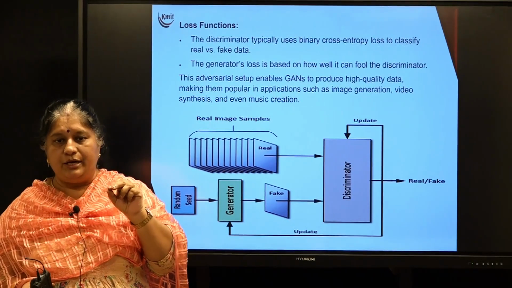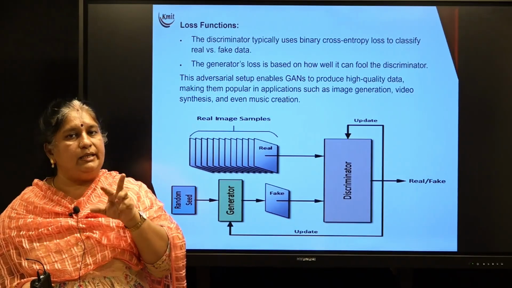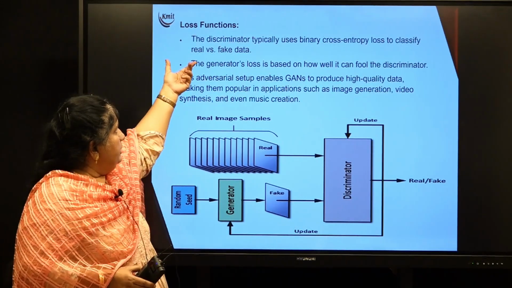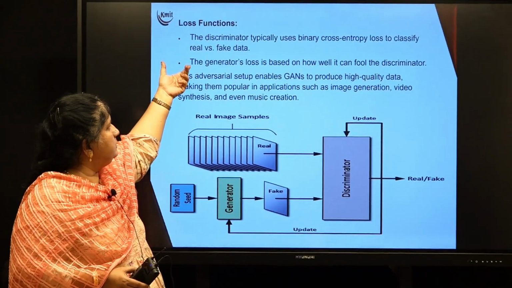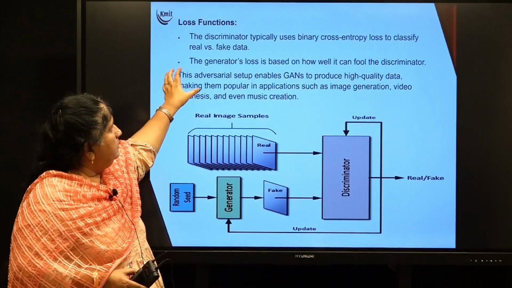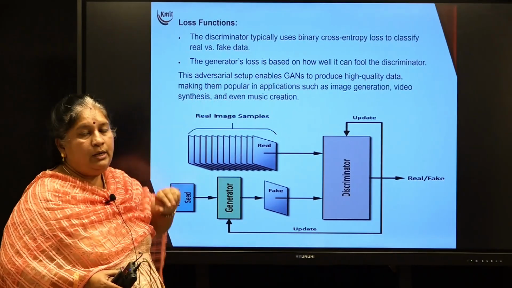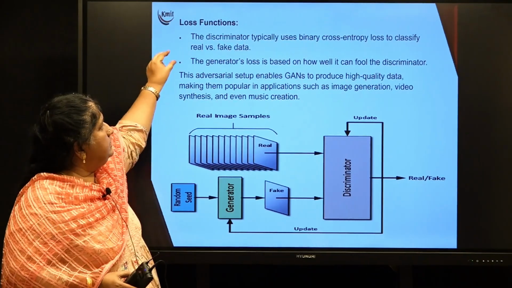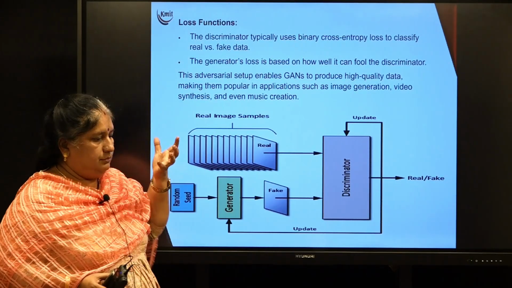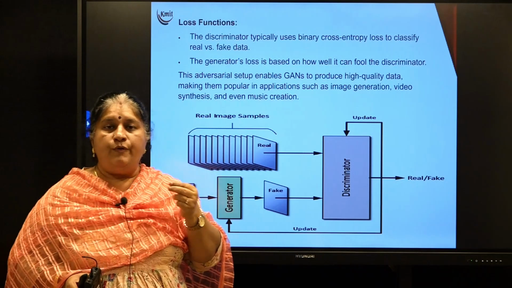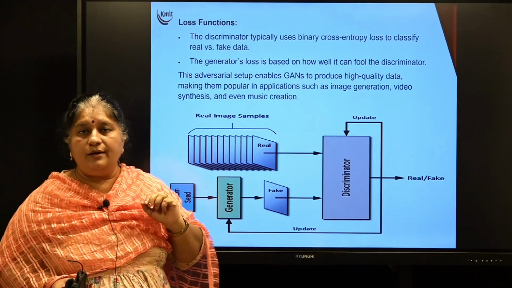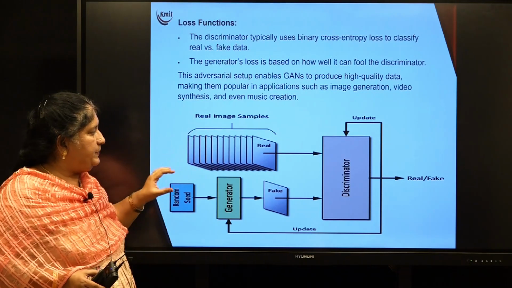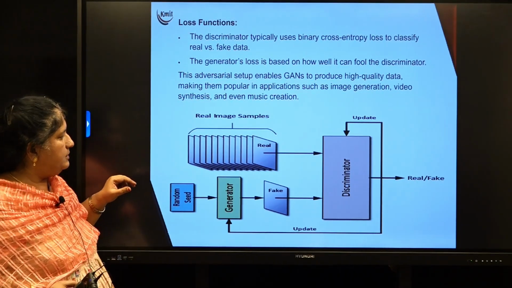You are working with loss functions, and the generator loss is based on how well it has fooled the discriminator, and the discriminator loss depends on how well it could classify real data from fake data. So this is how you can explain the functionality of the generator and the discriminator.